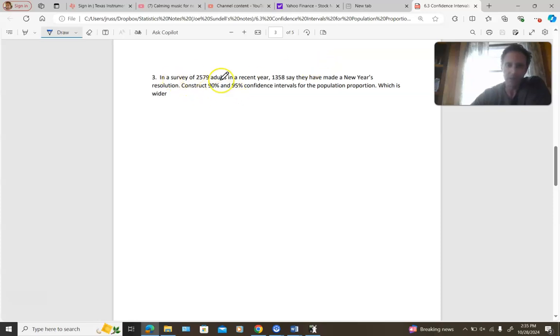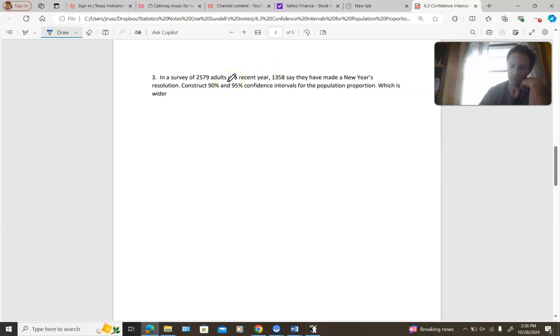So here we've got a survey of 2,579 adults, and 1,358 say that they made a New Year's resolution. And we want to construct two different confidence intervals for the population proportion. So what we're assuming here is that we're trying to find the population proportion of individuals that made New Year's resolutions.